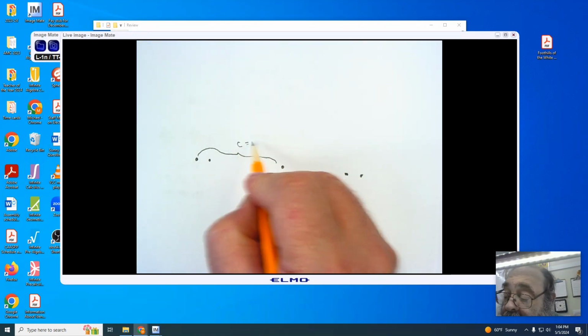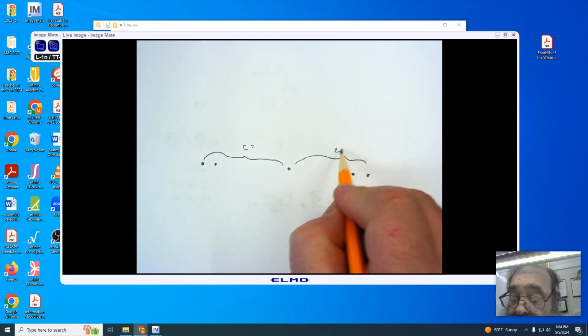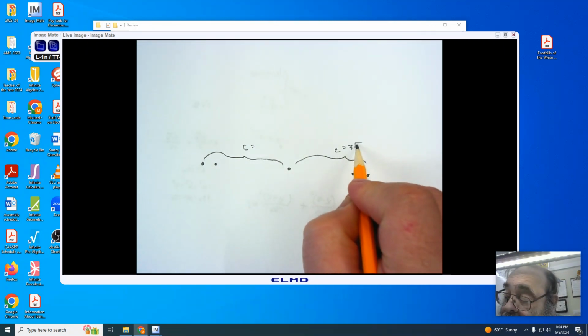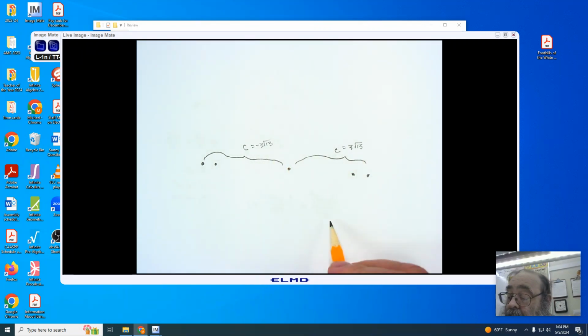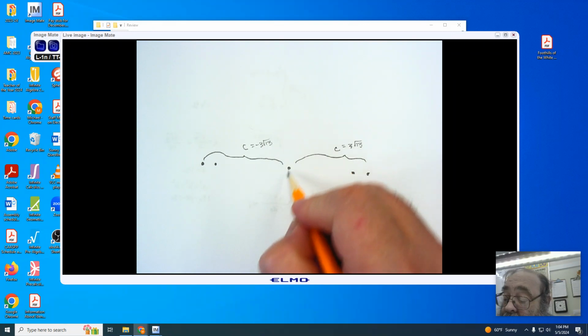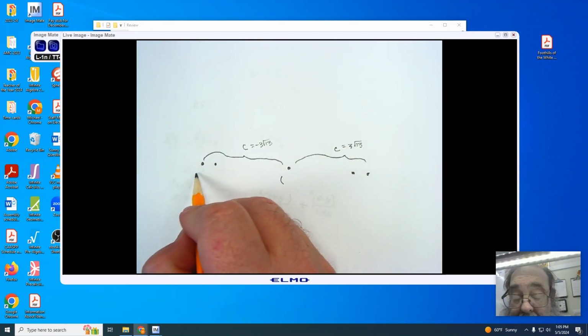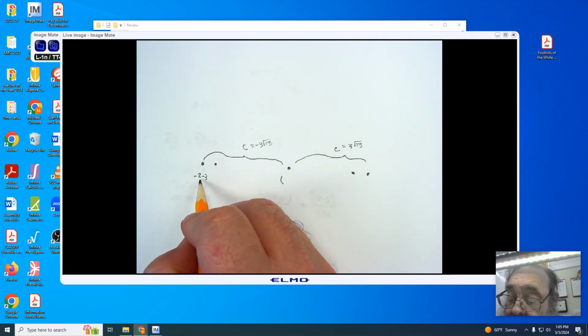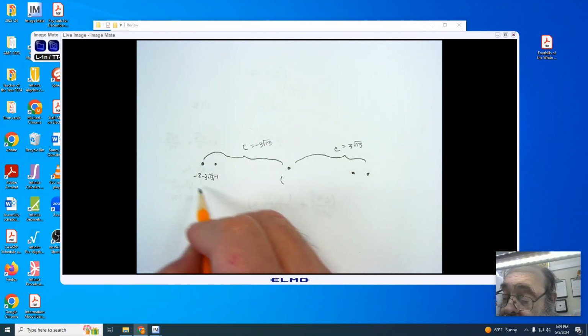And our c value on each side, one's adding and one's subtracting. So this is 3 root 13. This is negative 3 root 13. And my center I can now clearly see. Once again, just put our points in. We've got negative 2 plus or minus 3 root 13, comma, negative 1.